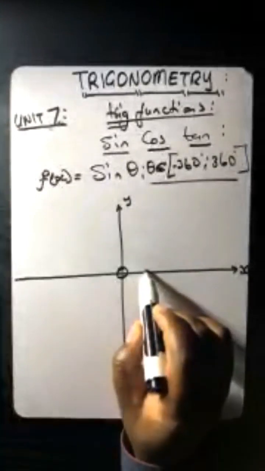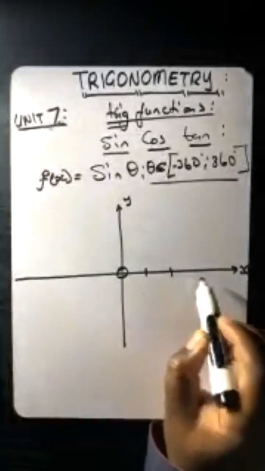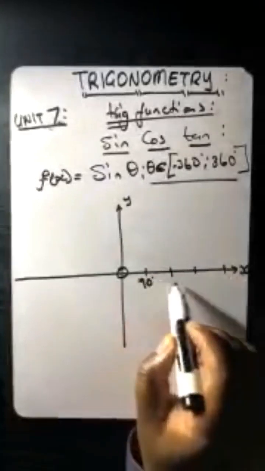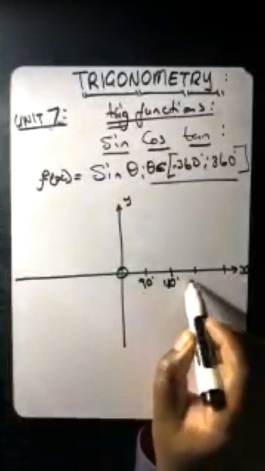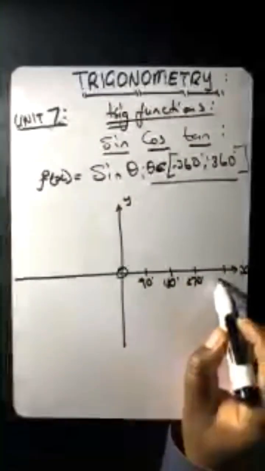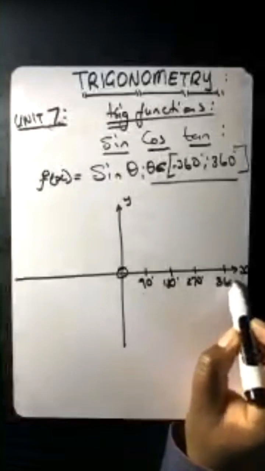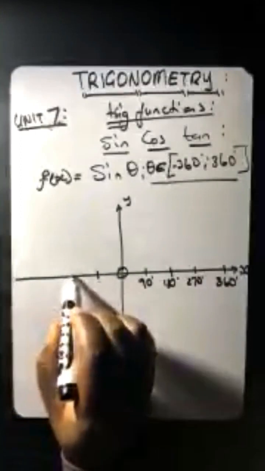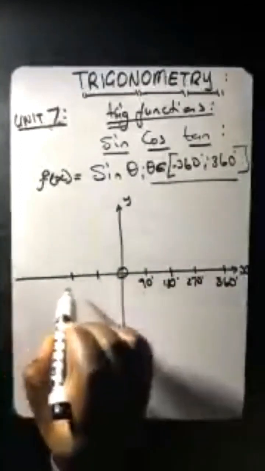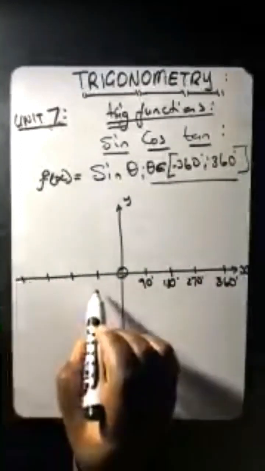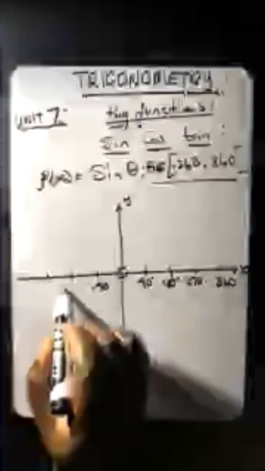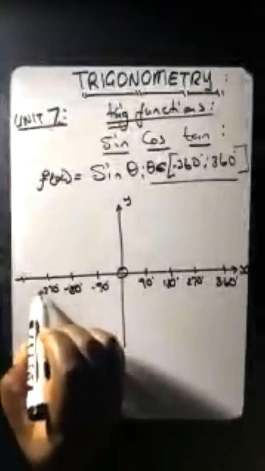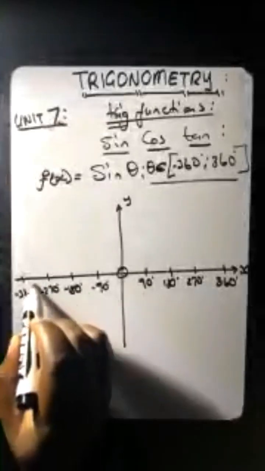You're going to have multiples of 90s: 90 degrees, 180 degrees, 270 degrees, 360 degrees. And on this side, you're going to have negative 90 degrees, negative 180 degrees, negative 270 degrees, negative 360 degrees.